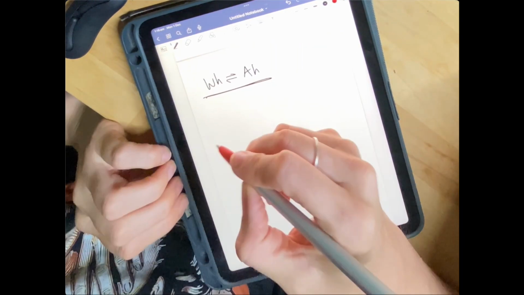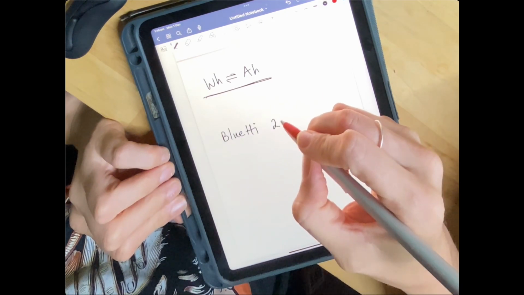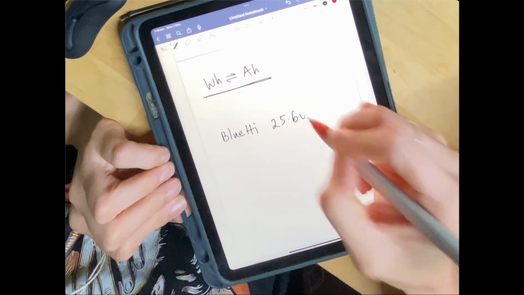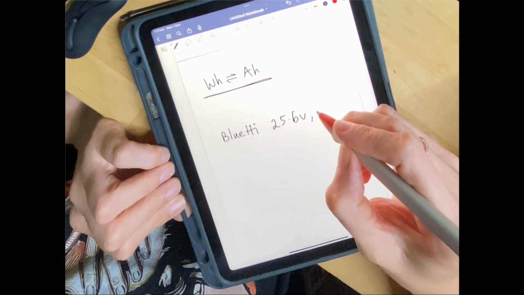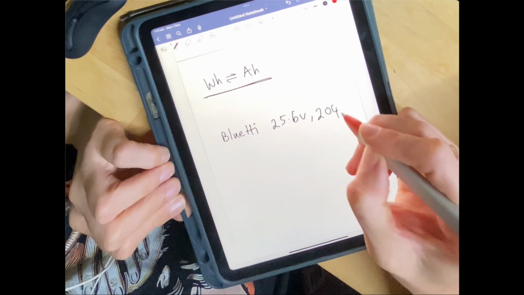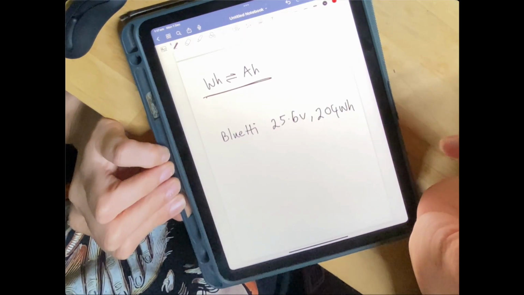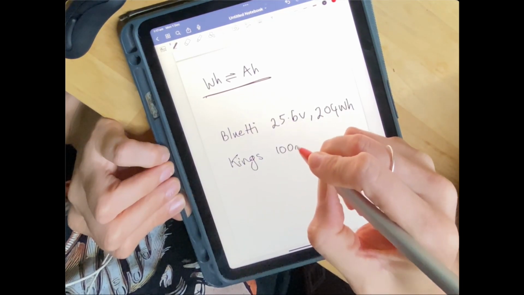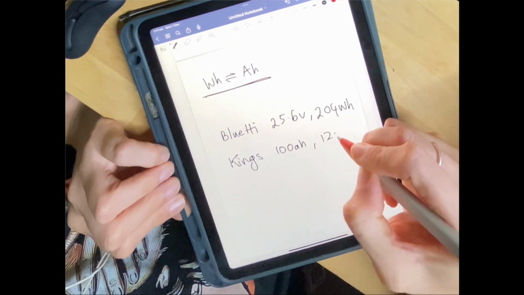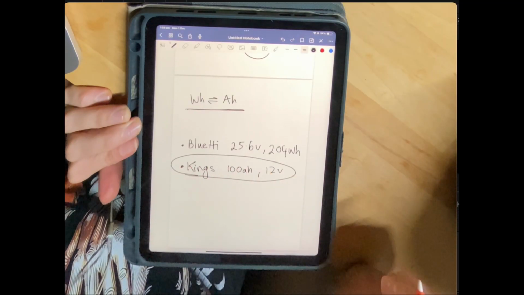Let's have a look. The Blue Eddy one is rated at 25.6 volts. That's what it says on the specifications. And remember, it also had 204 watt hours. Now the King's battery is 100 amp hours and it's 12 volts. Let's start by doing some calculations on this King's one.